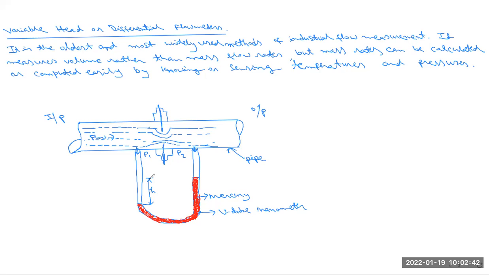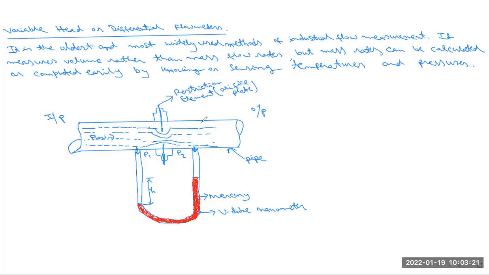According to this U-tube manometer, we measure the height from this section as well as these sections. This is an orifice plate, and this is called a restriction element.